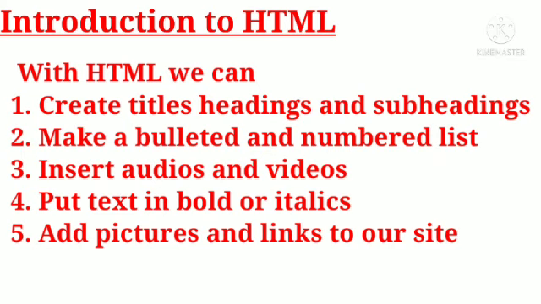By using HTML coding, a user can make their web page more attractive. They can create titles and headings, bulleted and numbered lists in their documents. HTML5 allows inserting audios and videos directly into the web page. The user can make their text bold or italic and add pictures and links to their website. All these will make our web page more colorful.